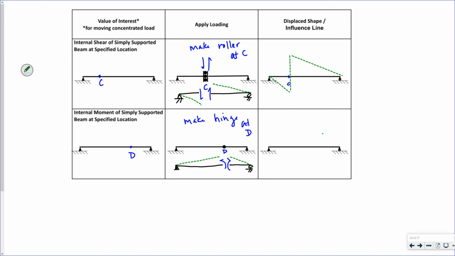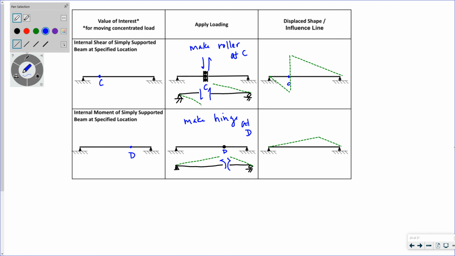If I were looking at my influence line, it would look something like that. To get my maximum moment at that point D, I would have to put my concentrated load at point D.